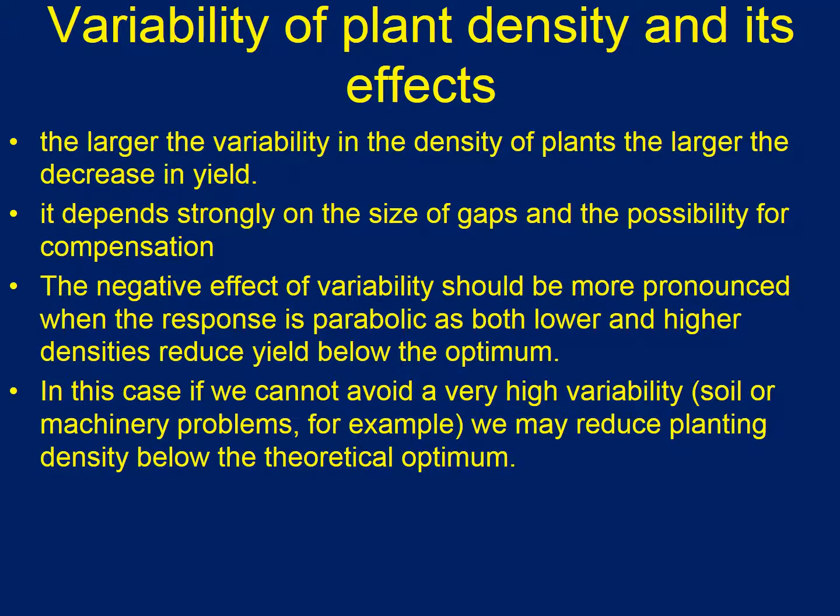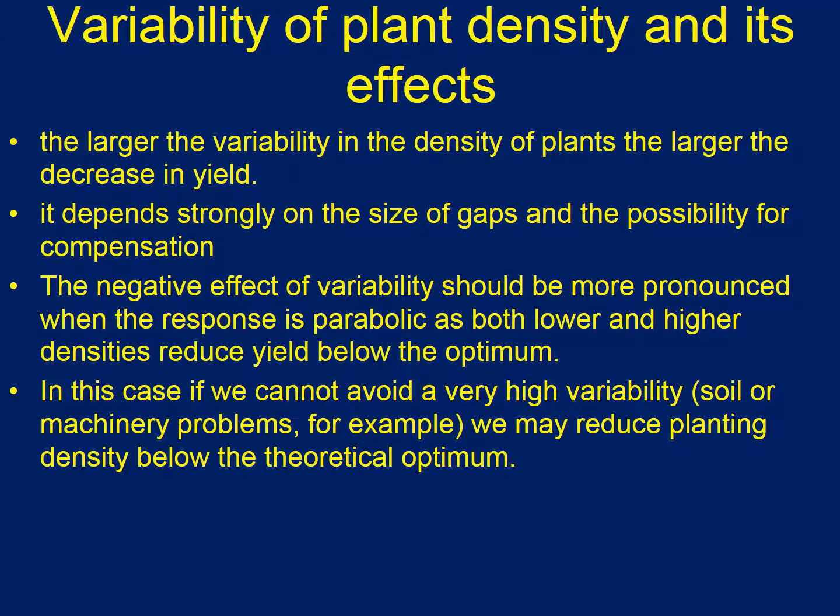The response will depend strongly on the size of gaps and the possibility for compensation. In other words, if the gaps are not too large and the growing season is large enough, we have the possibility to compensate. So the areas of the field with lower plant density will reach also maximum yield.